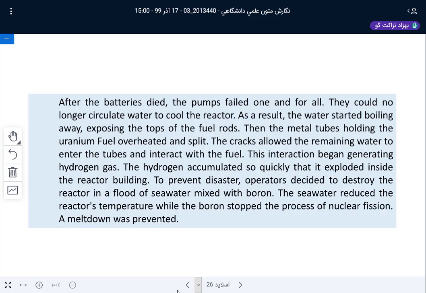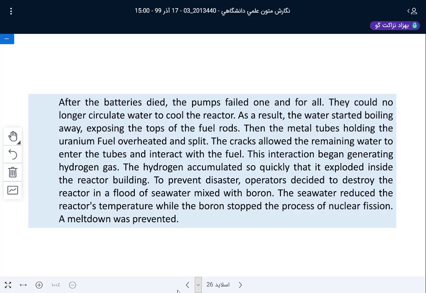Then the metal tubes holding the uranium fuel overheated and split. The cracks allowed the remaining water to enter the tubes and interact with the fuel. So the water plus the fuel.